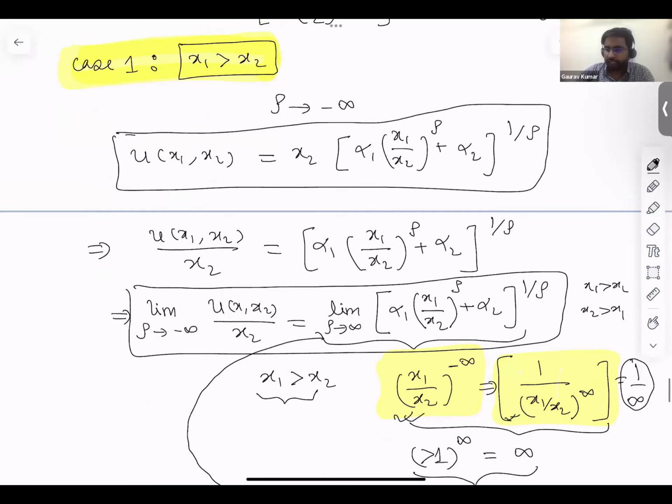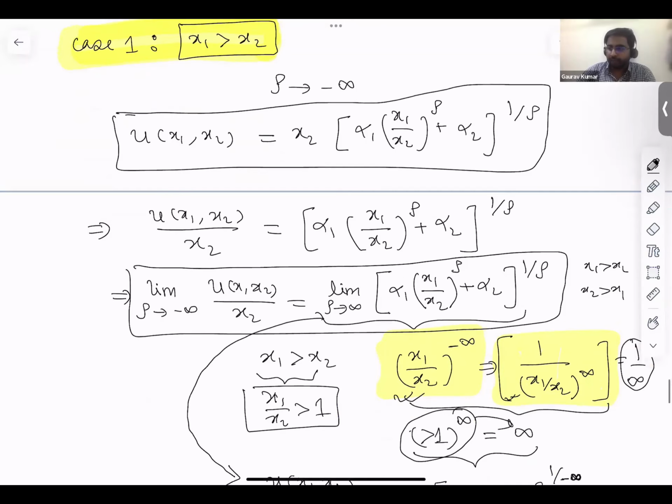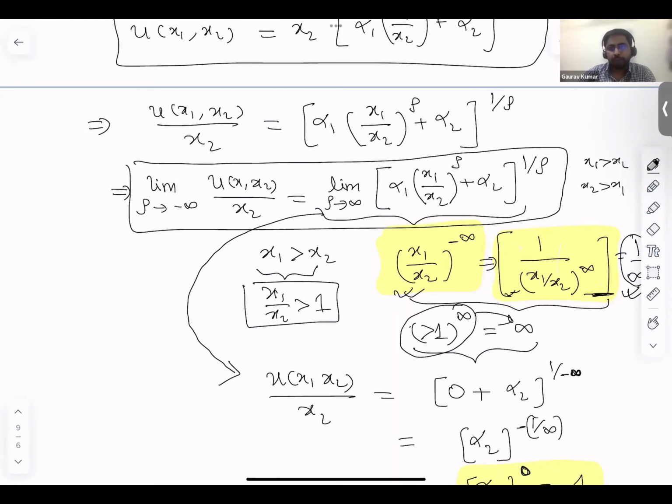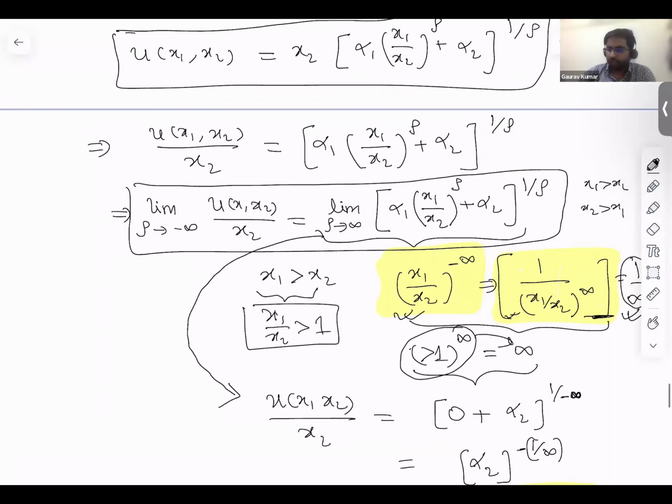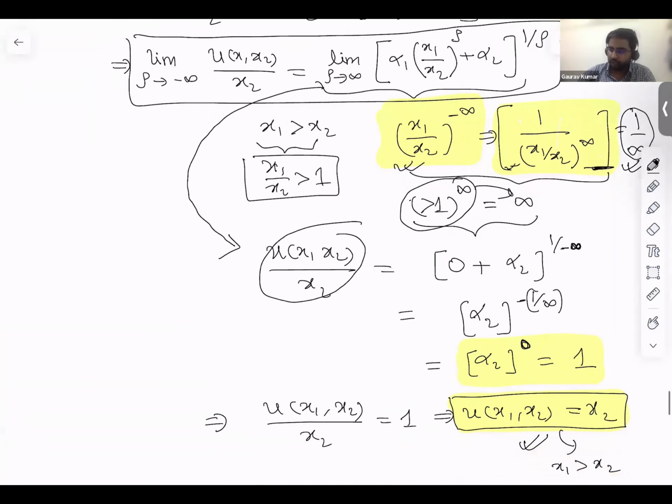And because x1 is greater than x2, x1 by x2 is going to be greater than or equal to 1. And anything greater than 1 to the power infinity will always be infinity. And that gives these things here. So I have used the property of limits and basic logic, because of which you get these things and you come here.